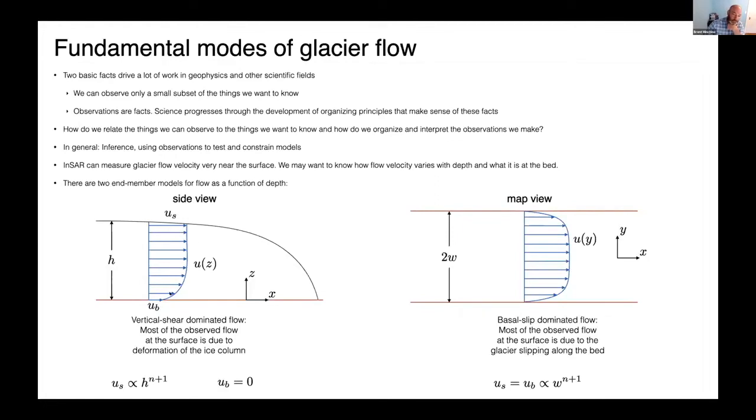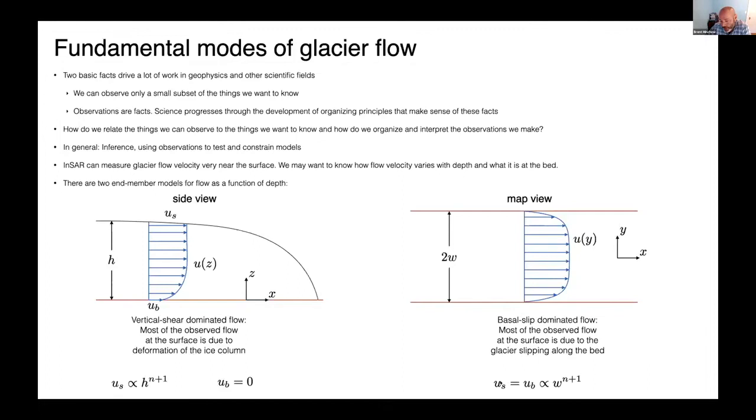The slope of this deformation and this overall shape and the tendency for it to taper off is all a function of this exponent n that we were talking about before. In fact, the surface velocity simply scales as the ice thickness raised to the n+1 power. And then in the most extreme case, the end-member case, the velocity at the bed itself is equal to 0.